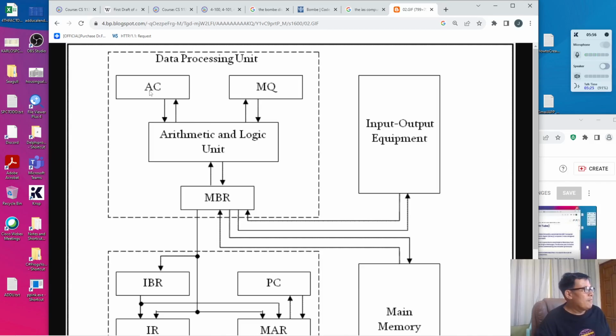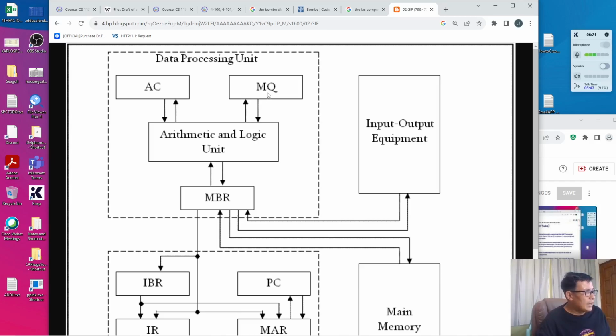An AC, or an accumulator register, which is used to store one of the inputs during arithmetic operations. Consequently, after the arithmetic is done, the AC is also used to store the result. The second argument or operand in an arithmetic operation is stored in the MQ, or multiplier quotient register.